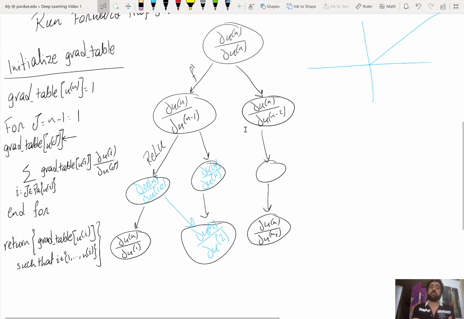Now, to compute the value of every vertex, we do the following. First we initialize what we call the grad table, which is a table of gradients. Grad table of un equals 1 because partial un, partial un equals 1. And then for the rest, we compute the grad table for every intermediate node uj as follows. We find all the nodes such that j is a parent of them in the forward propagation graph.